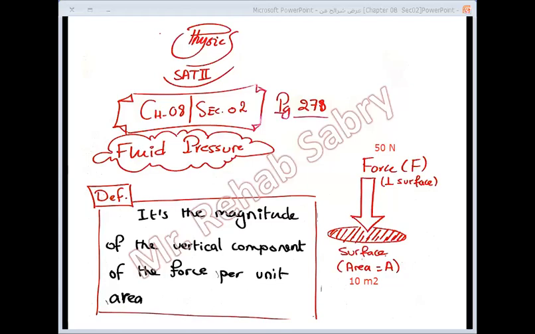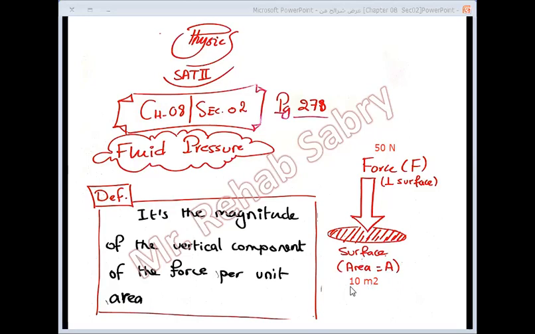Yes, Mr. It's pressure equals 50 over 10 equals 5. Excellent answer, Hamza. Thank you very much. It's 50 divided by 10. Why? Because I said the pressure is the magnitude of the vertical component of force, or the magnitude of the force per unit area, per area equals 1.